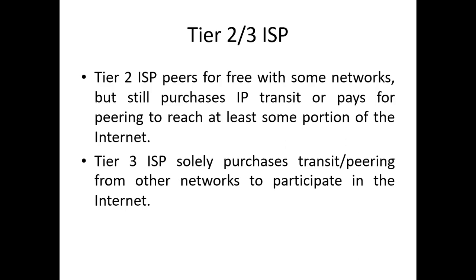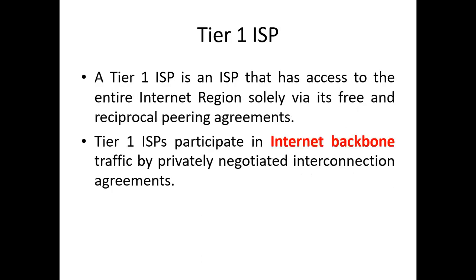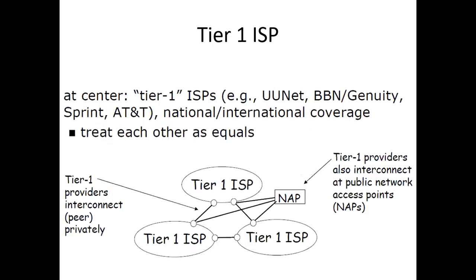These tier 3 ISPs are connected to tier 2 ISPs, and tier 2 ISPs are connected to tier 1 ISPs. Sometimes there is a little confusion about whether it is tier 2 level or tier 3 level. But tier 1 ISP levels are fixed. These are very large operators and they form the main internet backbone.